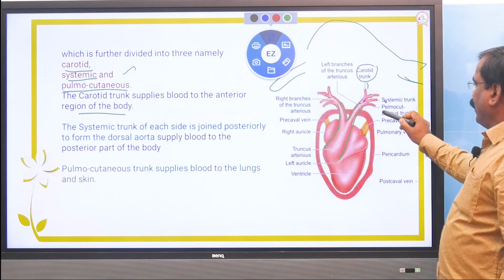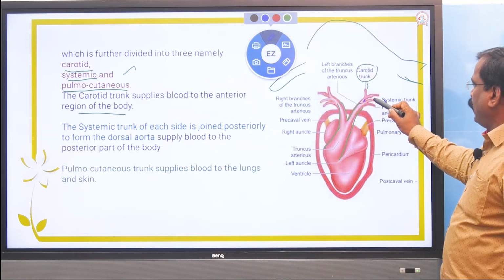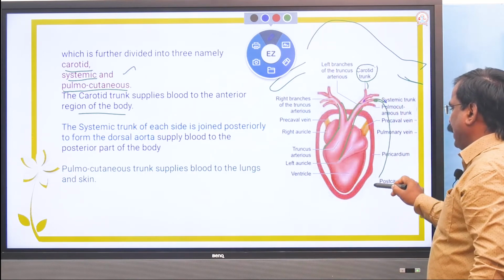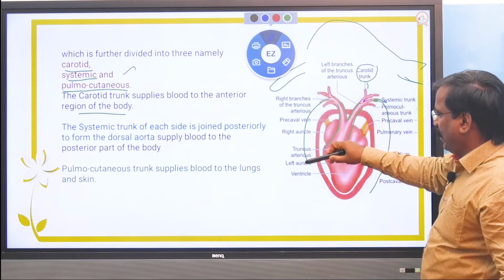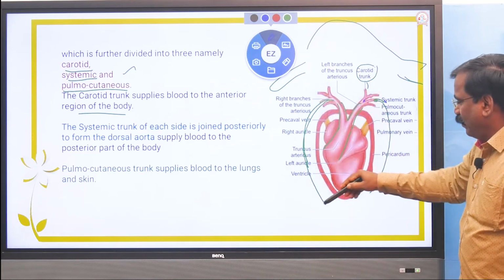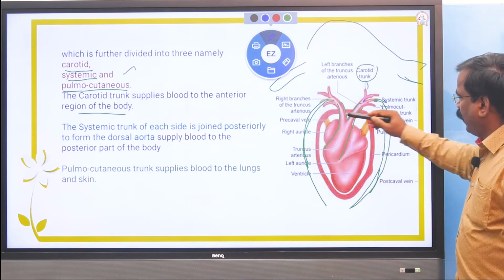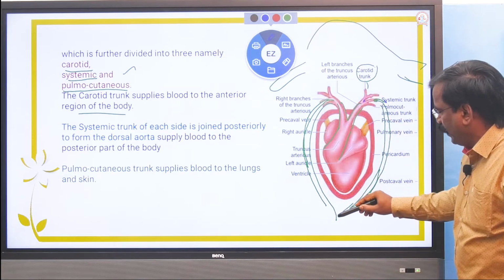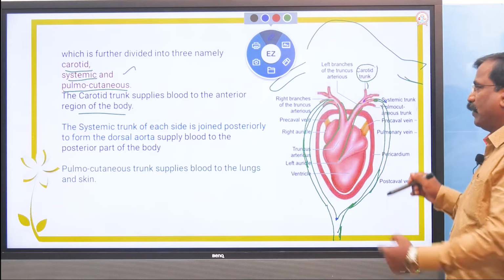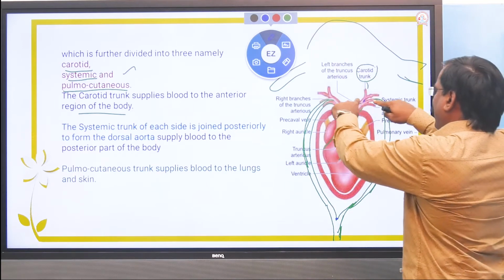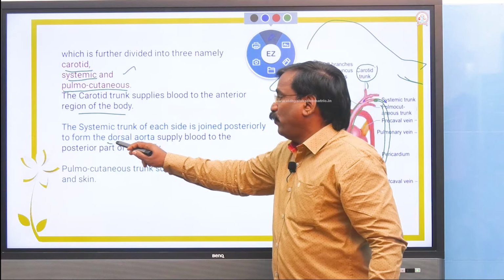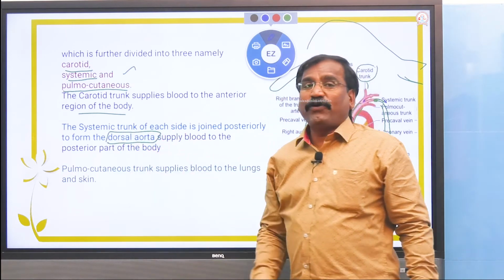Listen. The systemic trunks, the middle ones, of both sides run posteriorly, curving around in a circle, and behind the heart both join and form a common duct, that is called the dorsal aorta.